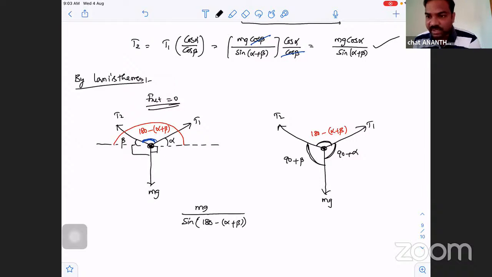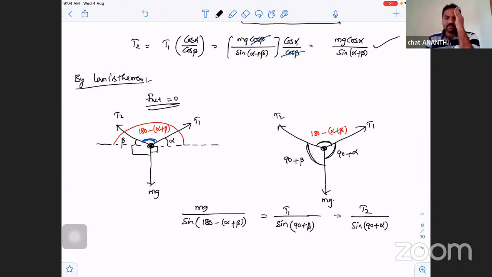In the textbooks it is f1 by sin alpha is equal to f2 by sin beta is equal to f3 by sin gamma. But to not make mistakes, we have to remember it as the magnitude of one vector by the sine of the angle between the other two vectors. If you write mg by, then you must write the sine of the angle between T1 and T2. Similarly, T1 by the sine of the angle between mg and T2, which is 90 plus beta, is equal to T2 by the sine of the angle between T1 and mg, which is 90 plus alpha.